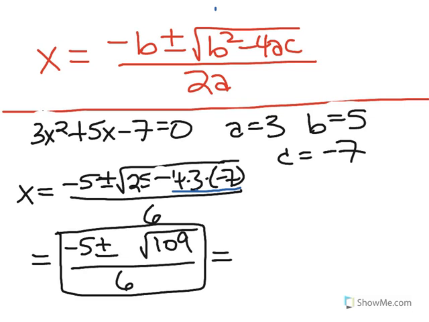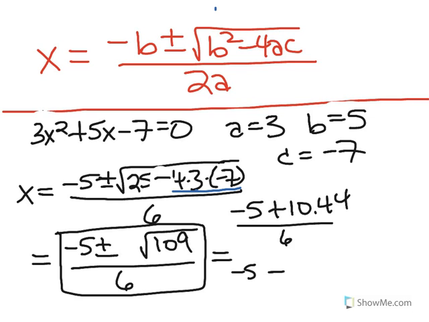You'll need to know an approximation for the square root of 109 to do this. The square root of 109 is very close, but not exactly, 10.44. So, to get one of our approximations, we take negative 5 plus 10.44 and divide that by 6.